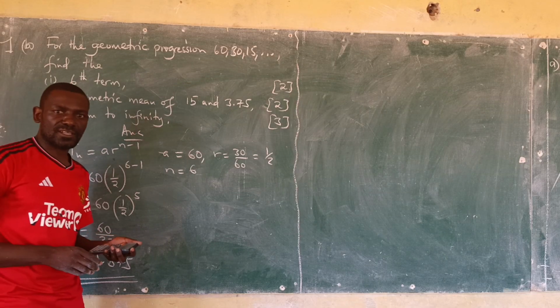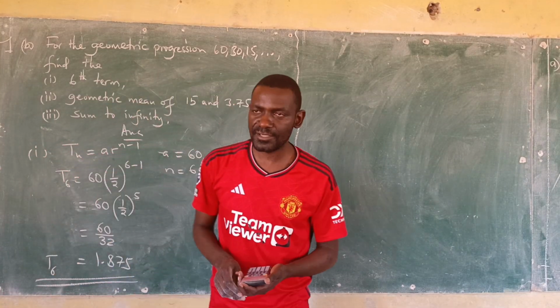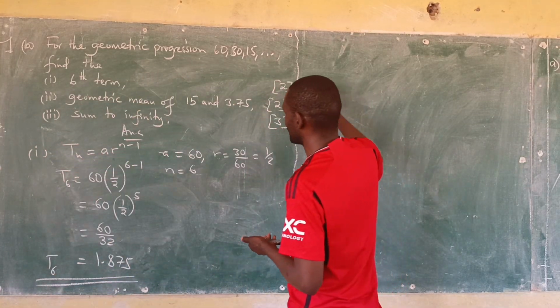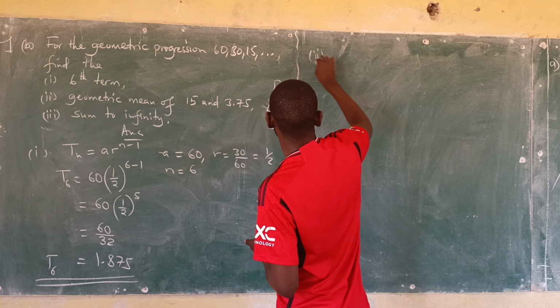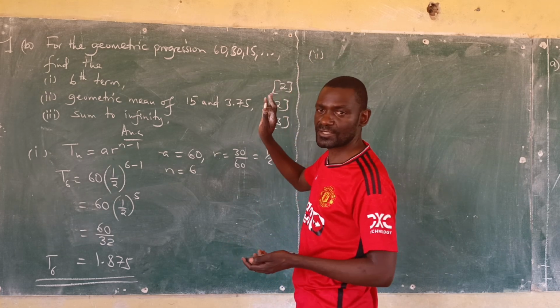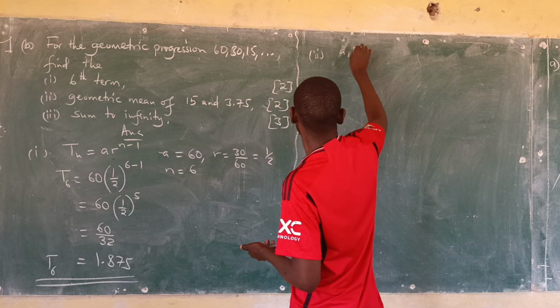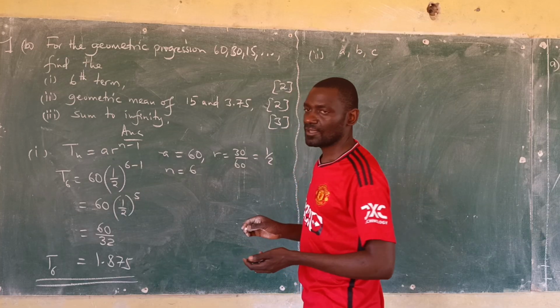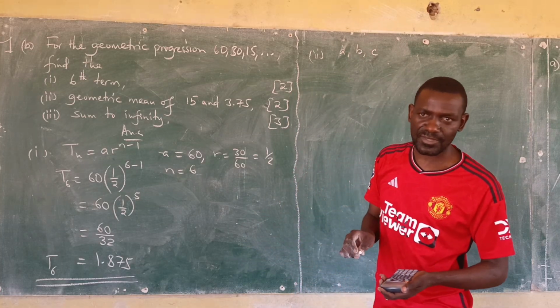Then we go to the second part, the geometric mean. So for the geometric mean, we know when we have 3 consecutive terms, that is A, B, and C, B is the geometric mean.